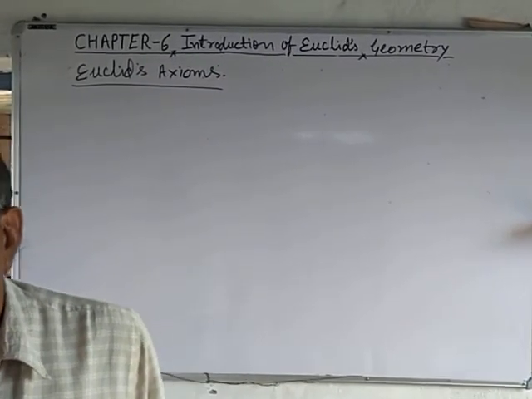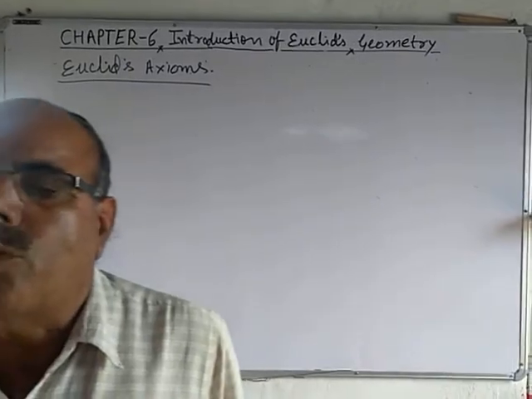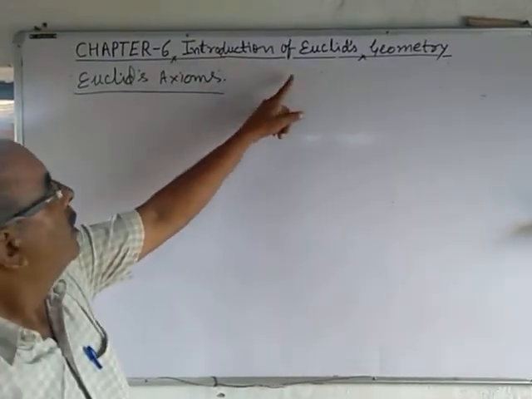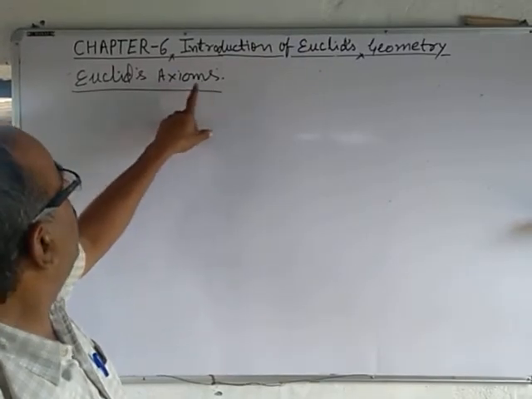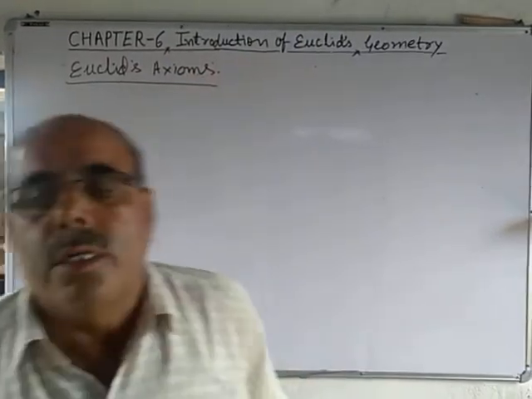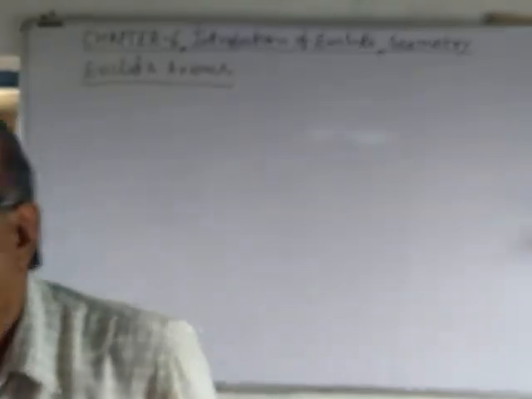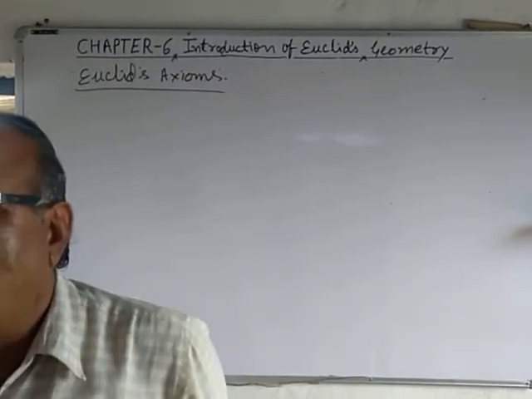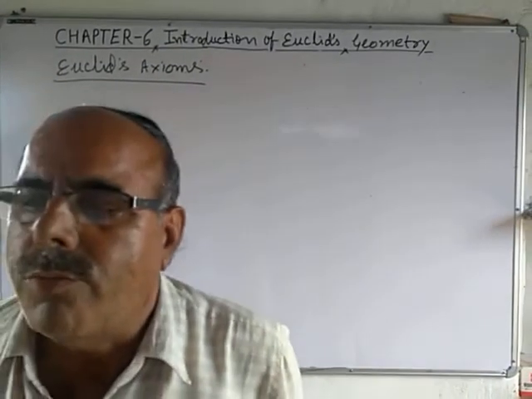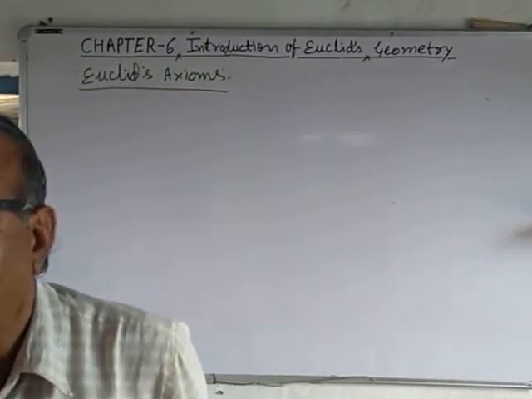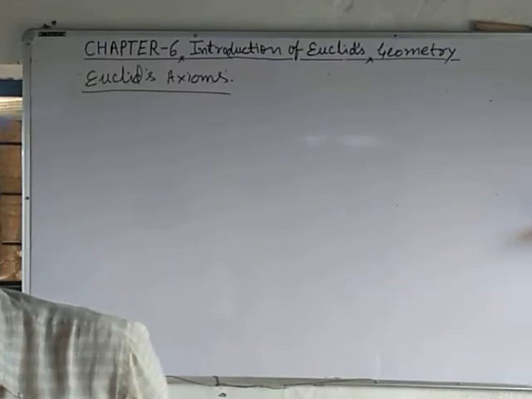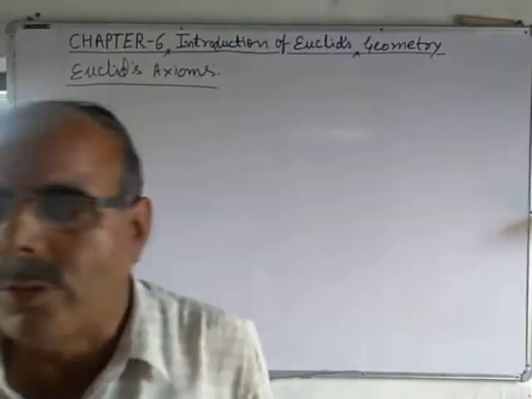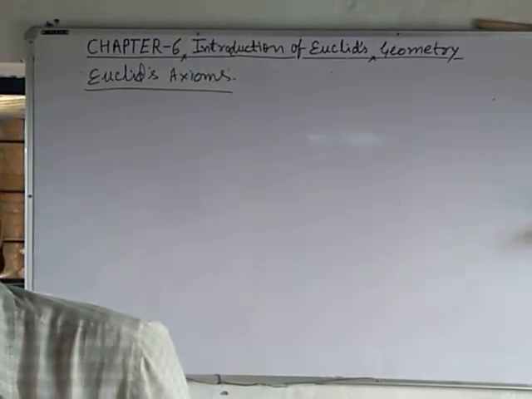He divided them into two types, axioms and postulates. For the assumptions that were specific to geometry, common notions, notions meaning ideas, often called axioms.